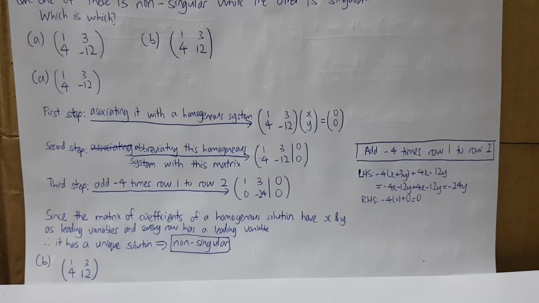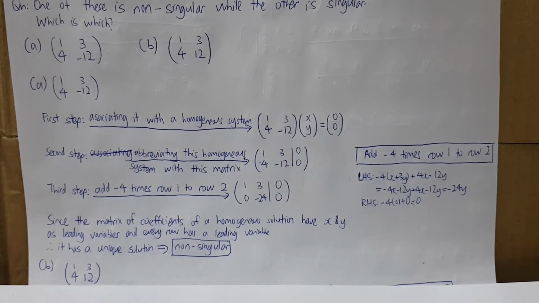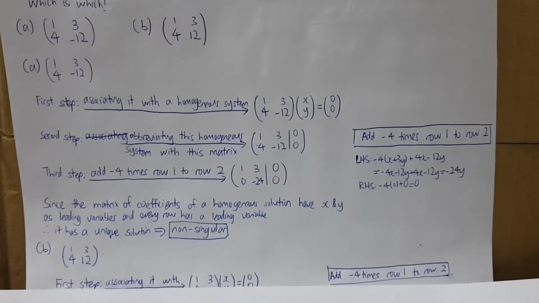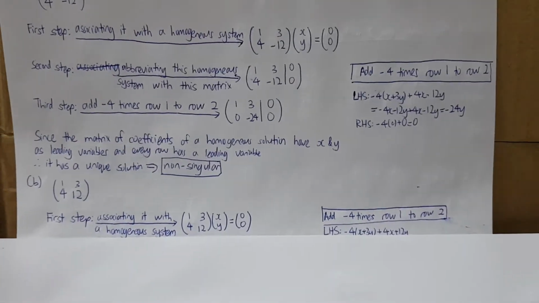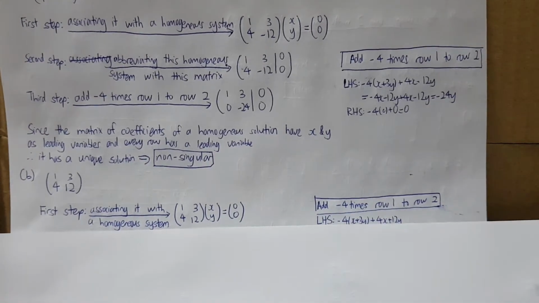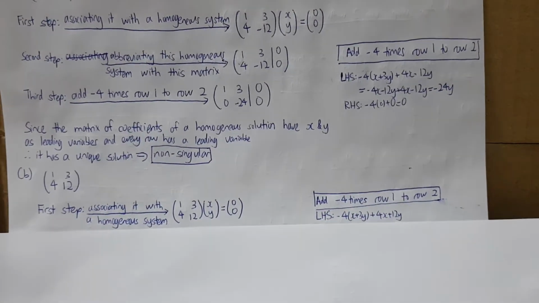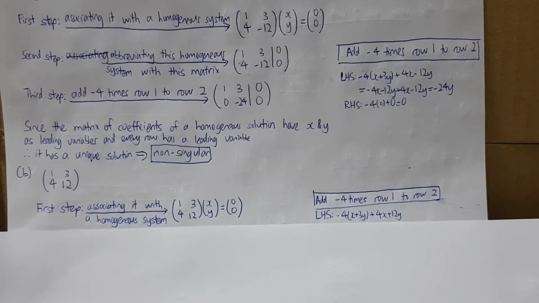Now we are given this. First step again, we associate it with a homogeneous system, as you can see over here. And after this, same thing, you want to eliminate the x variable on the second row.